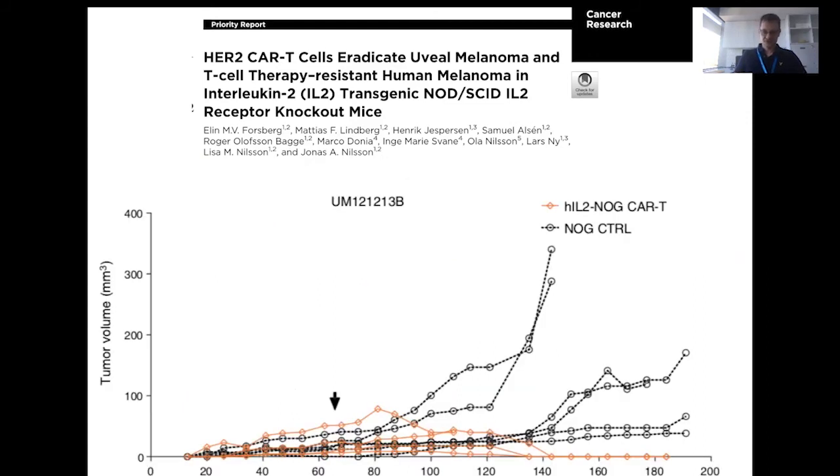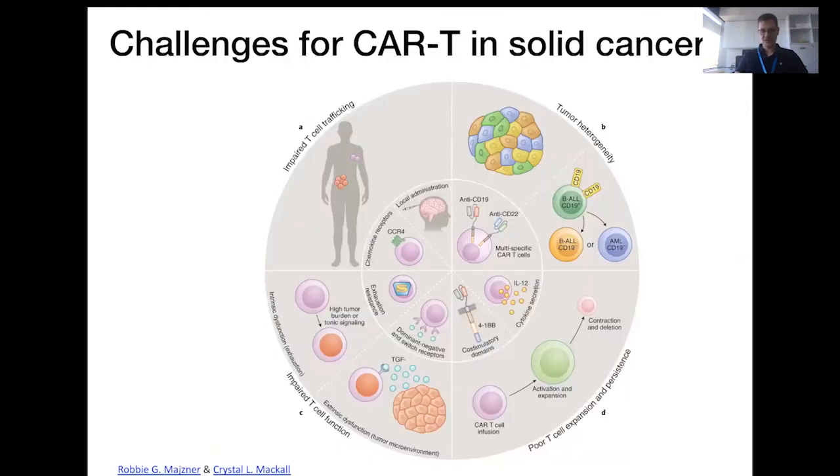Here's just showing data that you could actually eradicate uveal melanoma using CAR T cells against HER2. So we're doing a slightly different approach to the generation of the CAR T cells, and the reason for this is that there are many challenges for CAR T cells in solid cancers, including tumor heterogeneity, where the expression of, for instance, HER2 or CD19 can be lost, and then the CAR T cells can't bind to the tumor cells anymore.